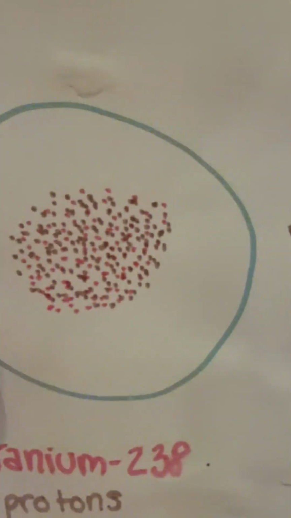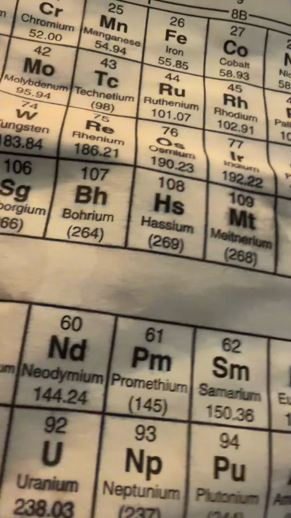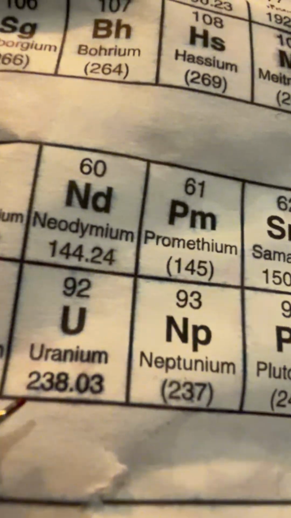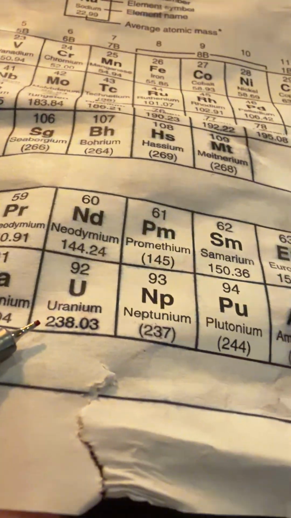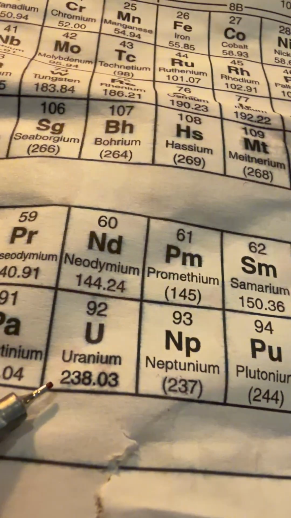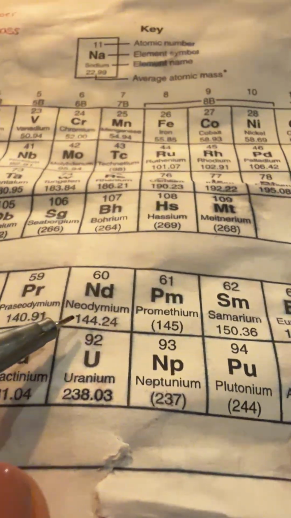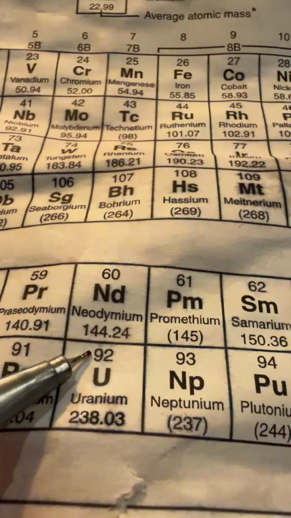So here we go. Now the fun stuff. If you have an unstable atom like uranium, let's check out uranium on the periodic table. You have a mass number of 238 and an atomic number of 92.